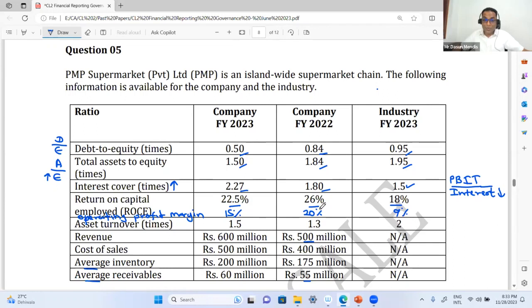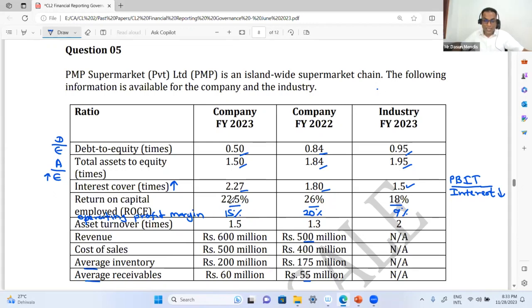So what is the problem that the company has faced comparing with the last year? The problem is with the operating profit margin. Last year it was 20%. It has come down to 15%. Significant drop. So because of that, even though the asset turnover has gone up slightly, your ROCE has come down.